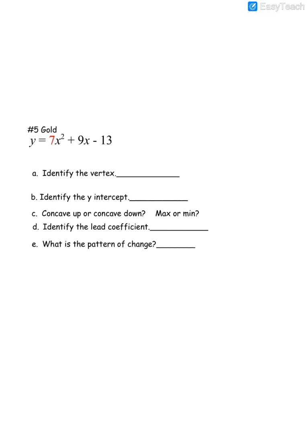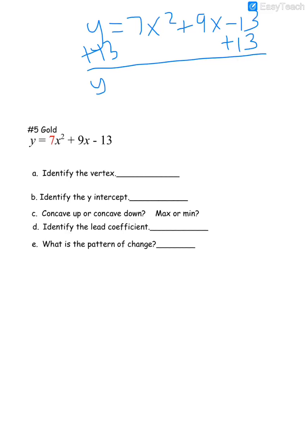All right, so gold, let's see what we could do here. For this one, lead coefficient is 7. That should be interesting. Okay, so I'm going to rewrite that up here. I'm going to add 13 to both sides.